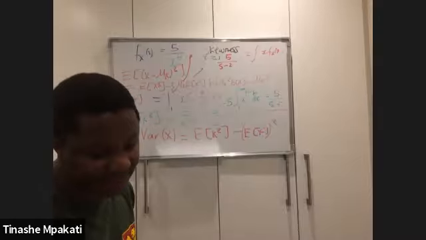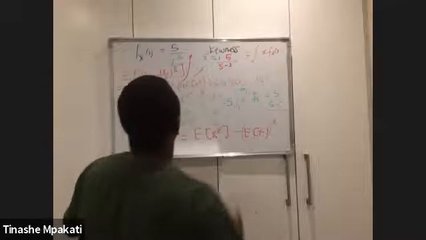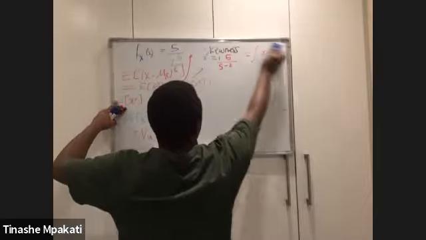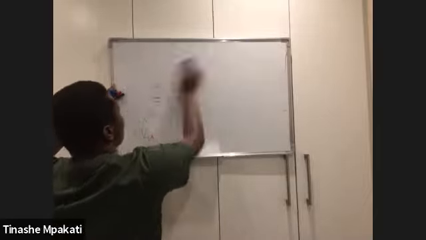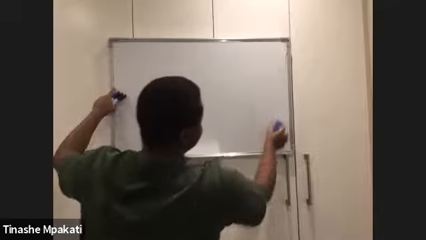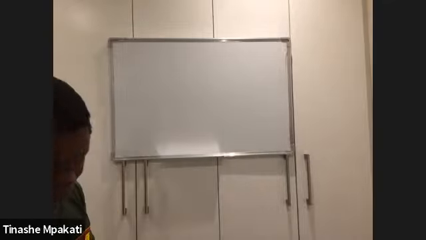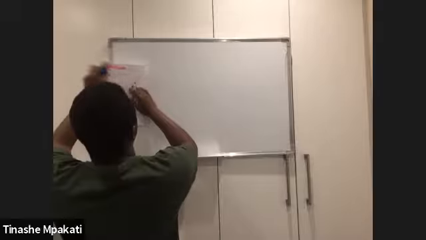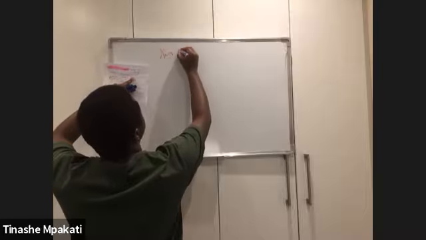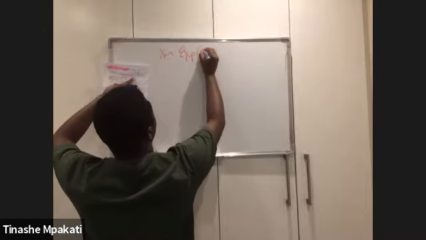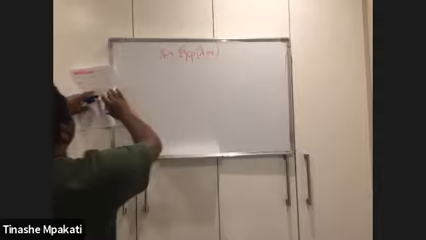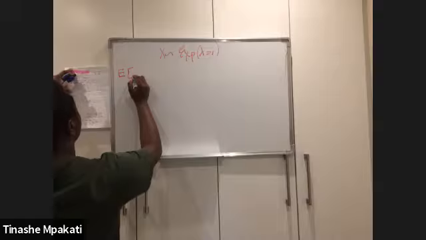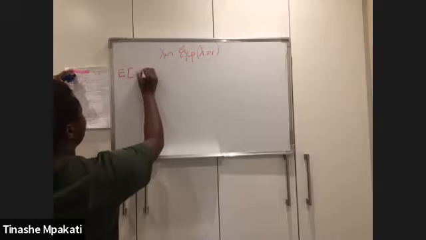And then there's something that I would like you guys to also watch out for when you're doing these kinds of questions. The best case that you can get when you are finding your skewness and your kurtosis is if the distribution you're dealing with is your exponential distribution. And this is the reason why it's the easiest. Let's say you're given an exponential distribution and your lambda is equal to 1, and you want your rth moment, x to the power r.